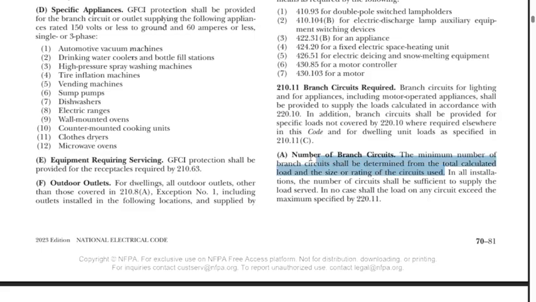So basically this is telling us that we're going to calculate how many branch circuits we need based off of the loads that we're going to connect to the panel, and the size or rating of those loads.